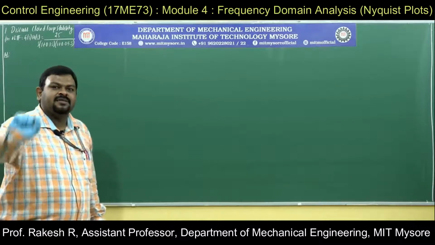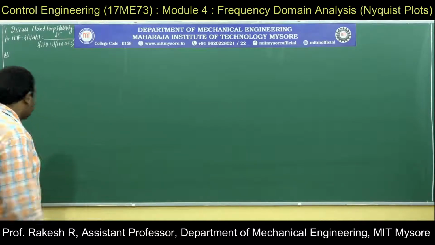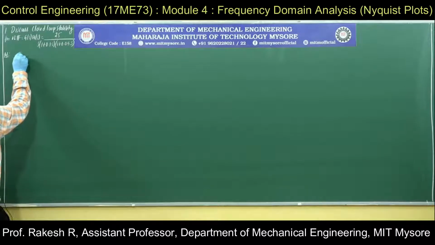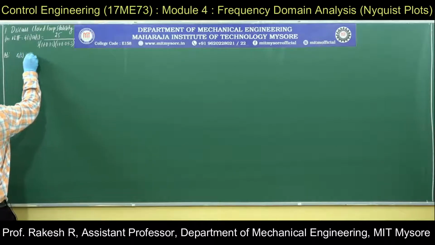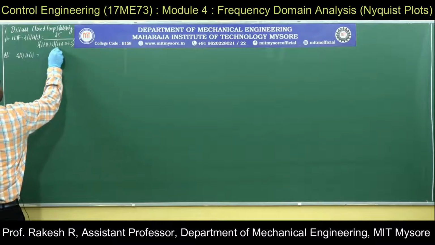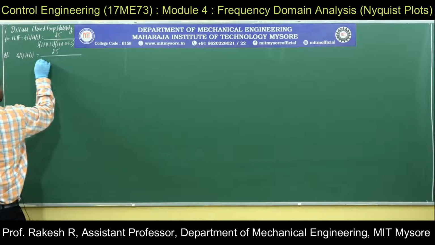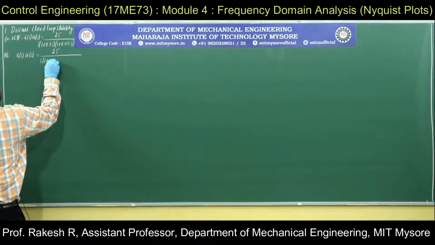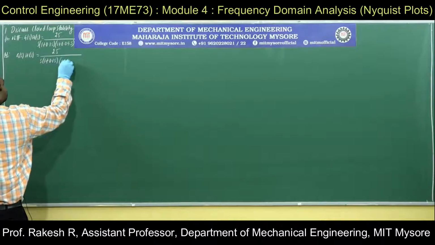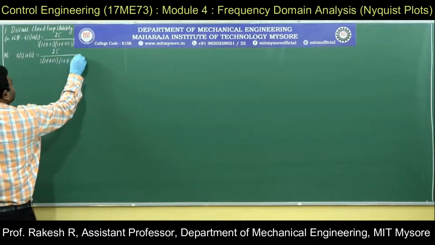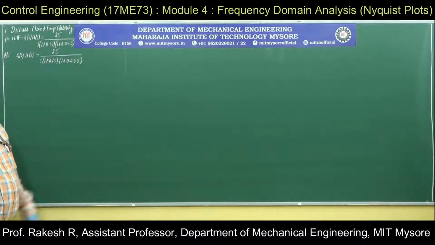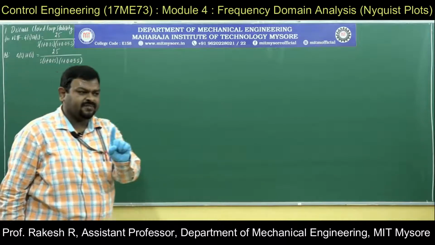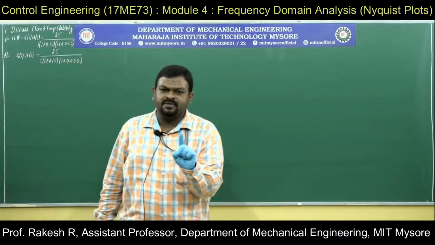In the problem itself is given the open loop transfer function. So open loop transfer function is g of s h of s will be equal to 25 divided by s into 1 plus 0.1 s into 1 plus 0.05 s. So directly you can solve using open loop transfer function. This is the first step, considering open loop transfer function.